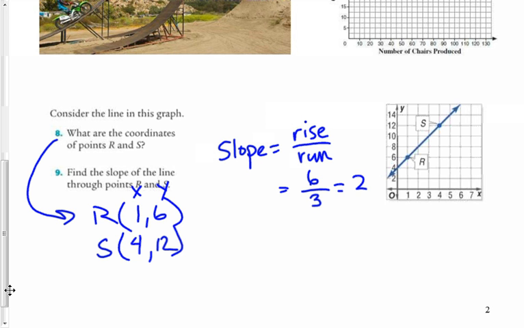The Y coordinates control the vertical distance. So from 6 to 12 is how far we're rising. Well, that distance is just the difference between those. So if I just take 12 minus 6, I get this number 6. And if I want the horizontal distance, I just look at the difference between the X coordinates here, 4 and 1. If I take 4 minus 1, I get this difference, 3.